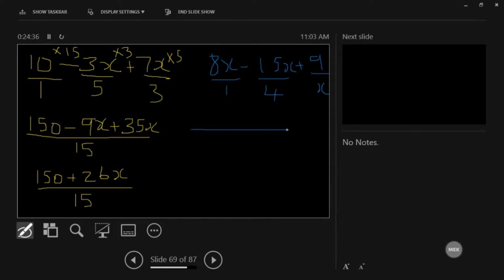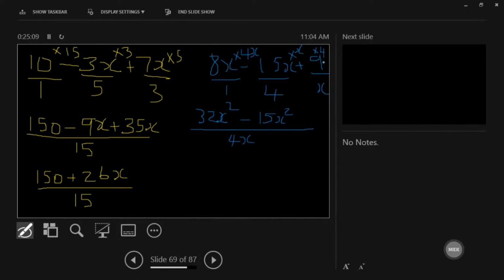And the LCM of 4 and x is 4x. 1 into 4x goes 4x. 8x times 4x would be 32x squared. 4 into 4x goes x. 15x times x, that's 15x squared. x into 4x goes 4.